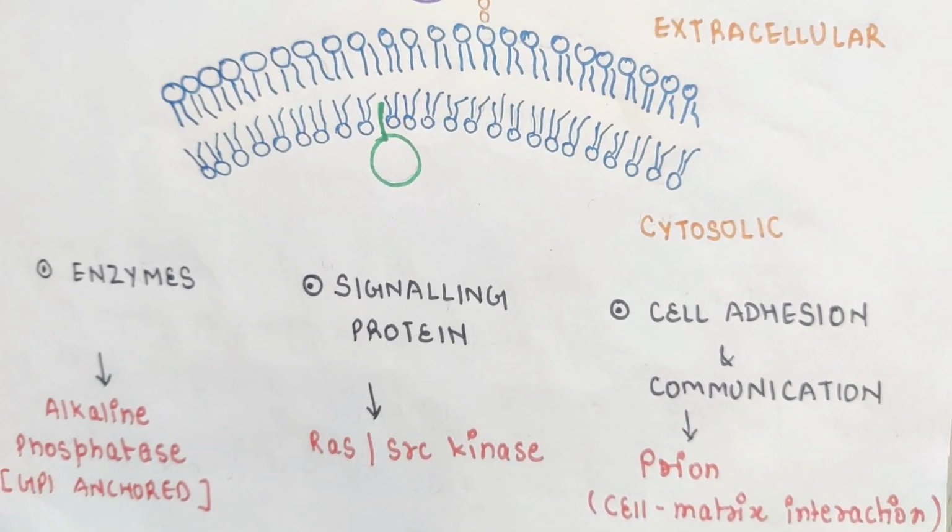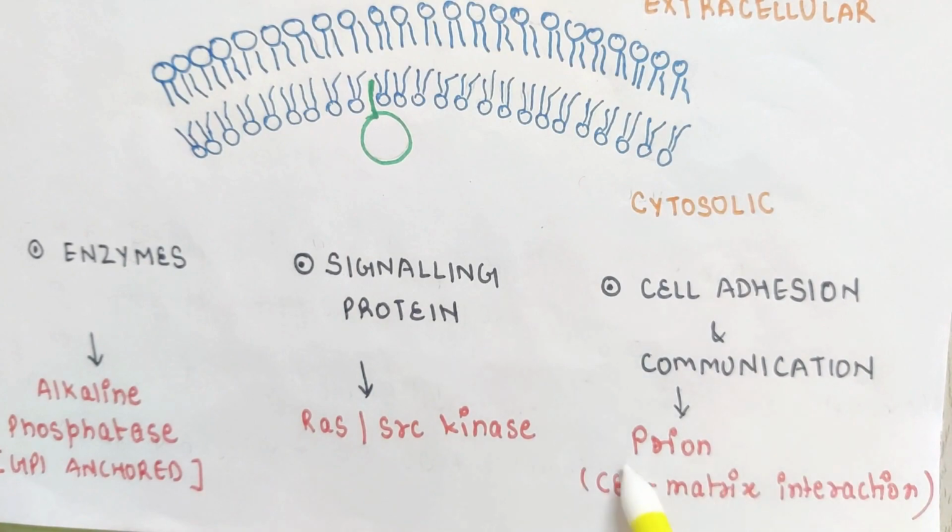Next, these lipid anchored proteins also perform an important role in cell adhesion and communication. For example, prion proteins, which are GPI anchored proteins, are found on the surface of neurons where they bind with extracellular molecules like GAGs, glycosaminoglycans.